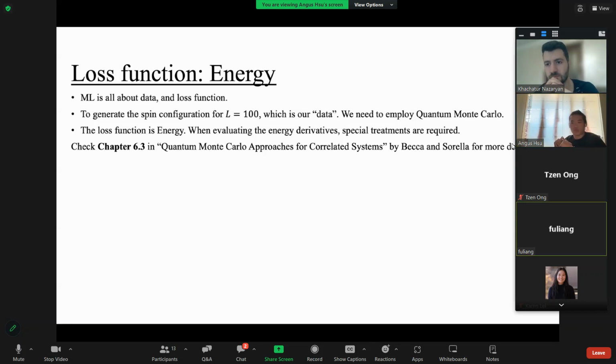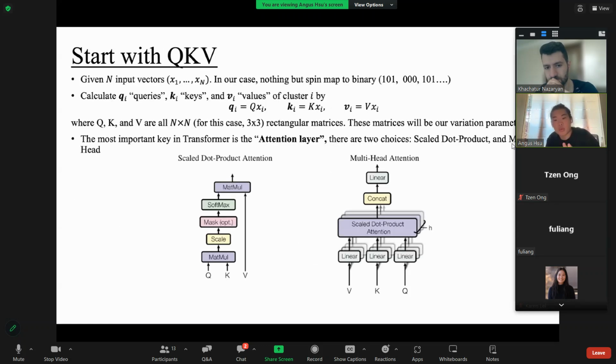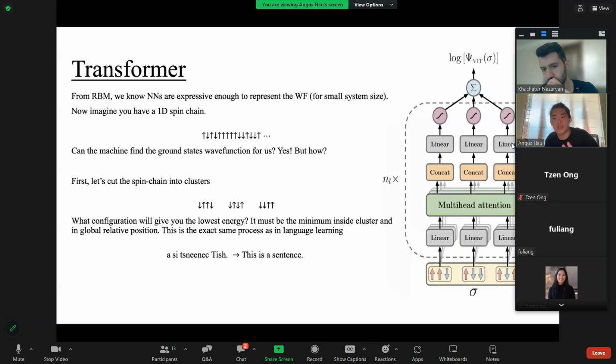So okay, then why does the neural network make this optimization problem so much more efficient? Because for this transformer, the reason it can grow up to 100 sites is that you can always cut your spins into clusters. Let's imagine you have 100 sites.